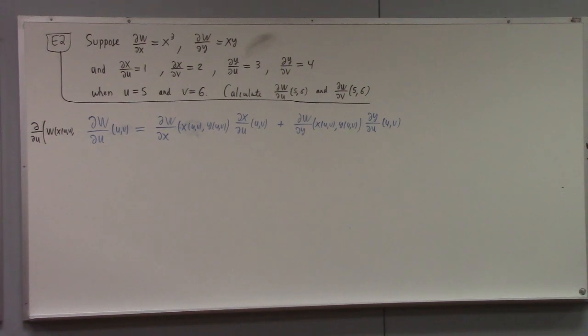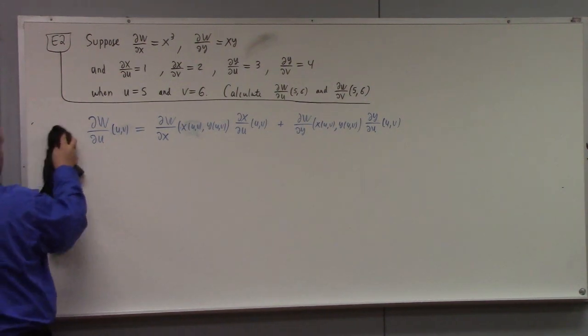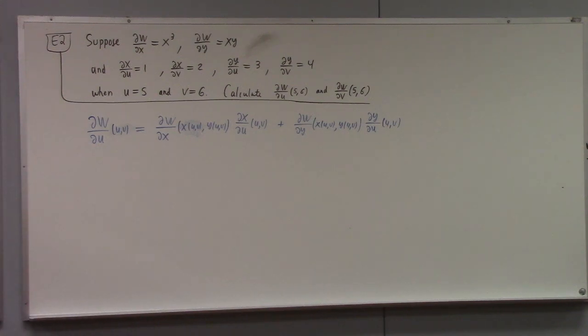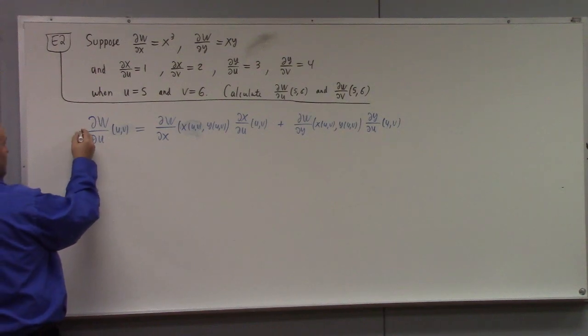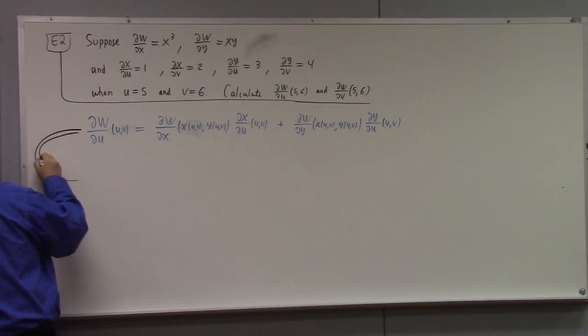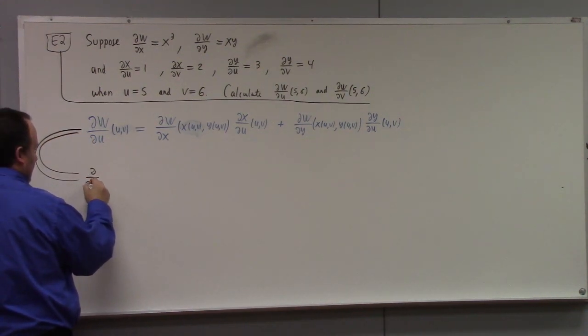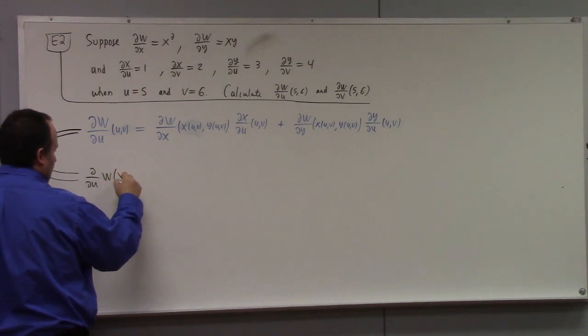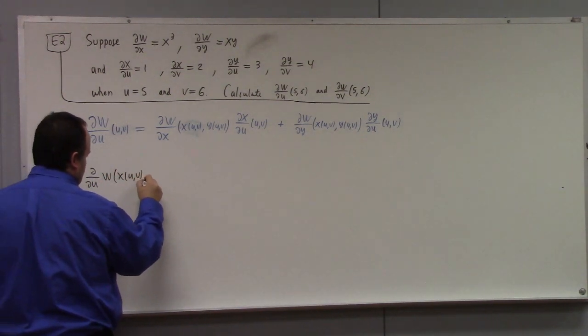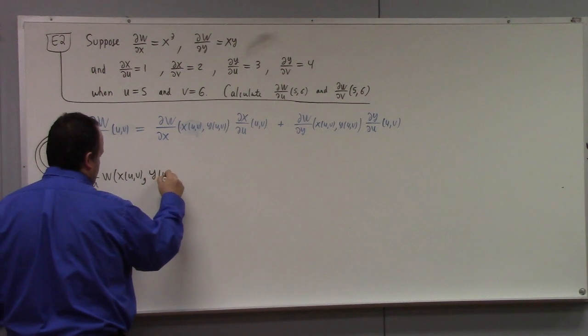See, if I had that wall space to use, we would have made it. But try it again here. So this is actually equal to partial u of w of x of uv, comma, y of uv.